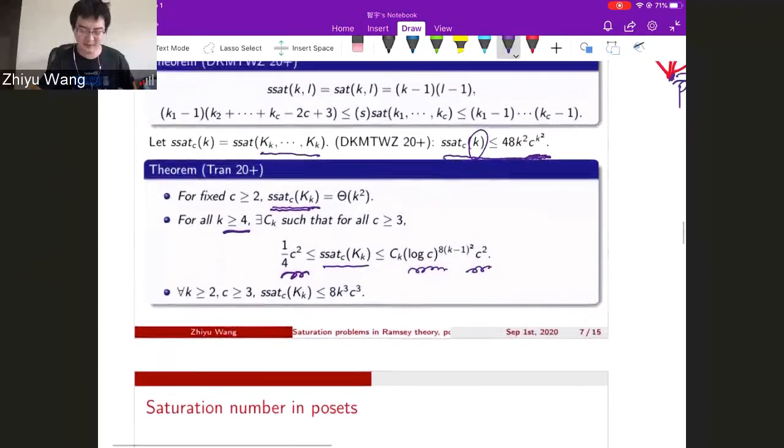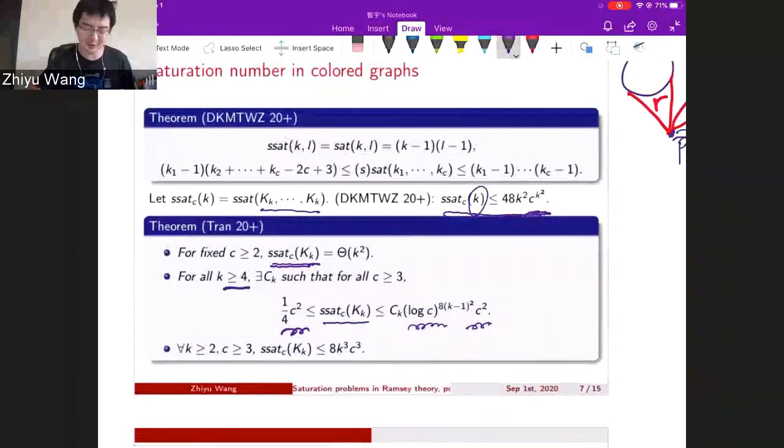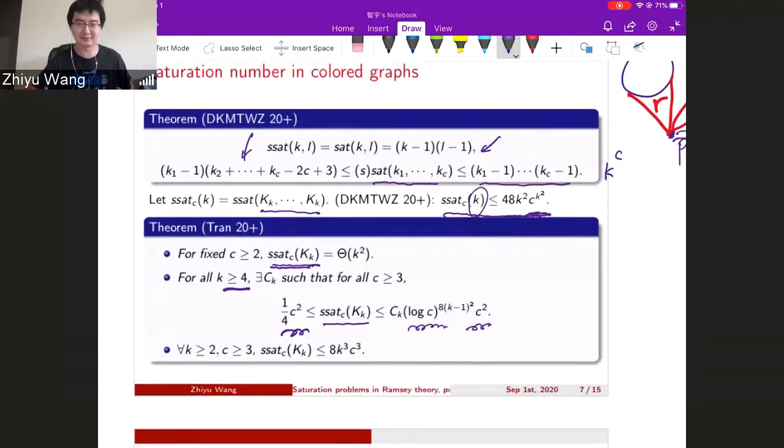So it's still open whether we can narrow the gap between these two. And also, what he did was on the semi-saturation number. How about the saturation number? Instead of having k to the C, can we have a fixed constant that does not depend on the number of colors? These are some of the open questions left.